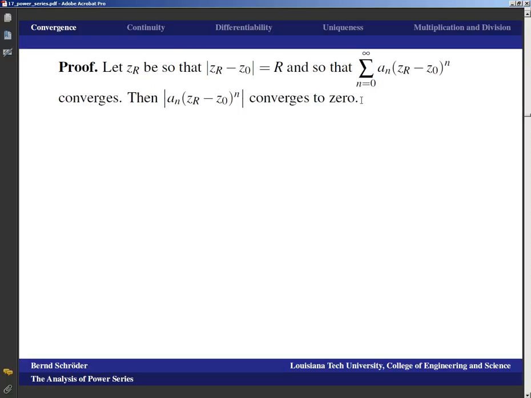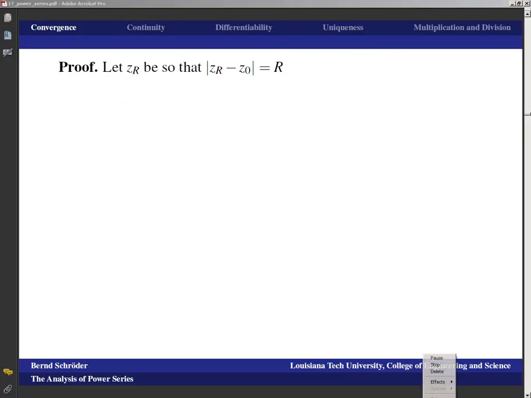Wait, can't demand that. Okay, third try, but this one should work. I need |z sub r minus z sub 0| to be greater than r1.